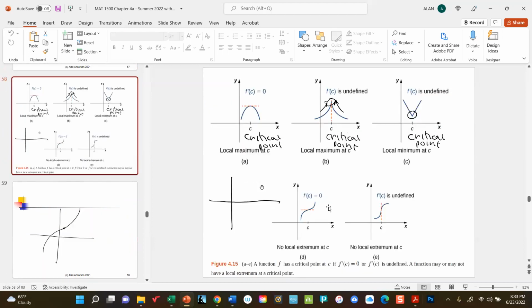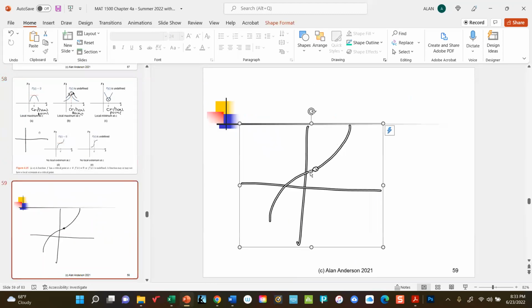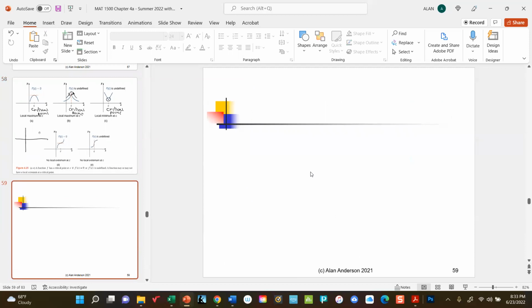Oh, I didn't draw it very well at all. But there's a point somewhere in there, if you draw this correctly, where you do in fact have a flat tangent line. Let's say right about here. So f prime of c is 0 here.